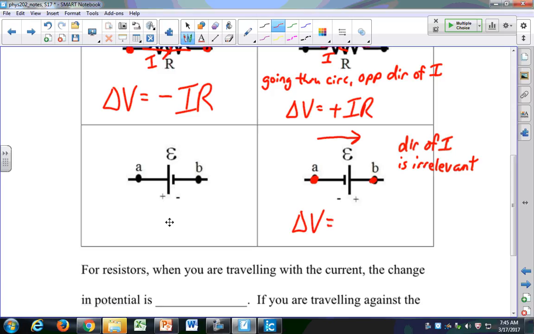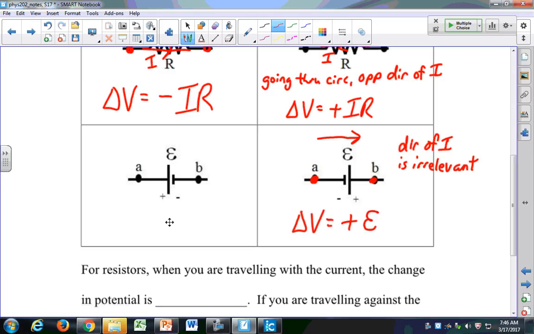And is the battery supposed to increase the energy of the charges or decrease the energy of the charges? It goes up, right? It's like the chain on the roller coaster. Sugar, sugar, sugar. It increases the energy of the roller coaster car. It increases the energy of the electrons. All right. So in this case, my change in potential is delta V equals positive E.